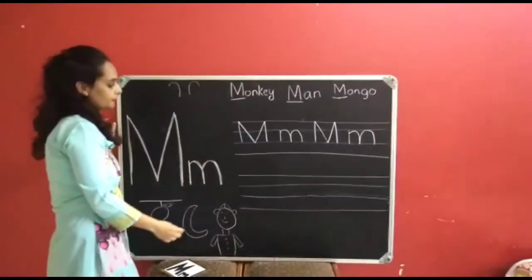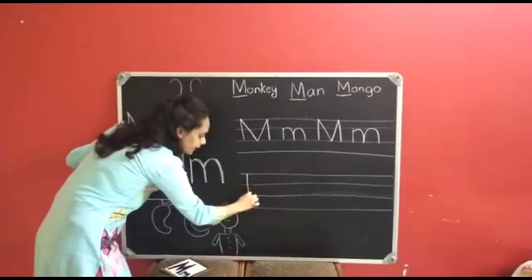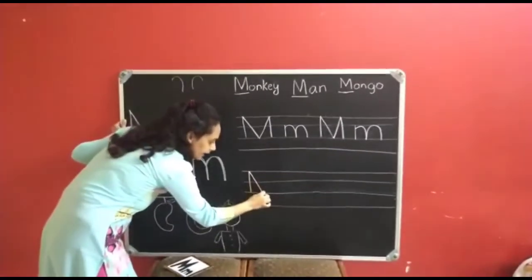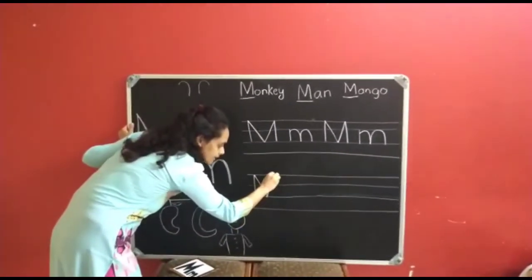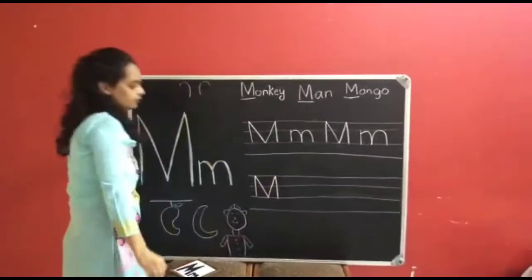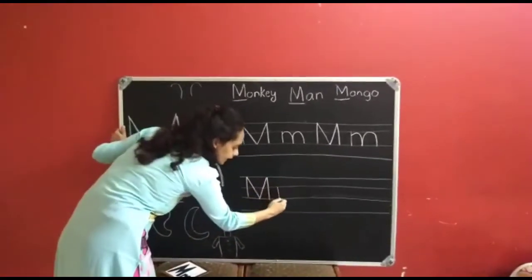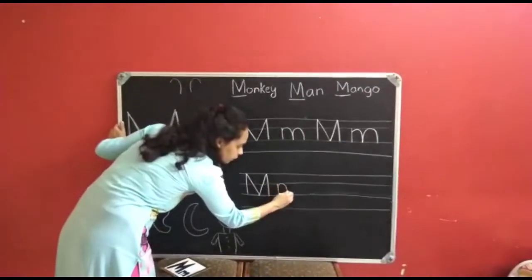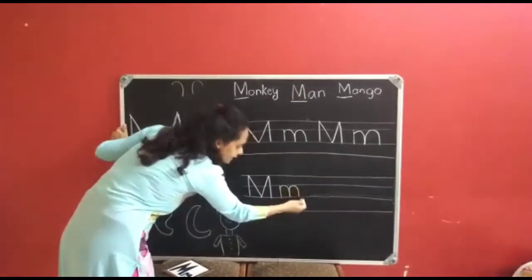Okay children, again standing line, slanting line, go up, slanting line, standing line. Okay, standing line, curve you have to do, and one more curve and standing line.